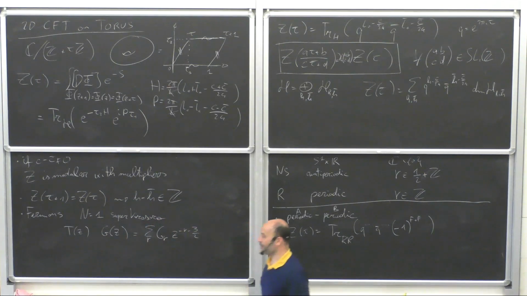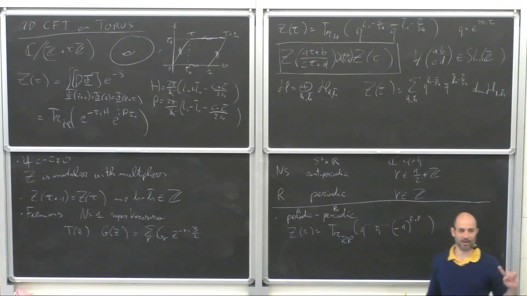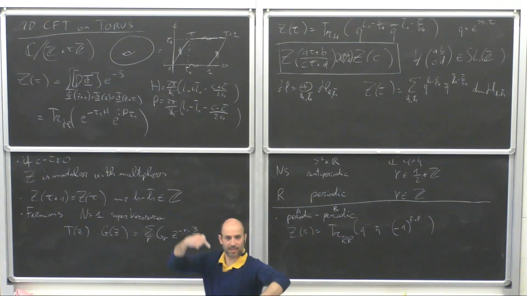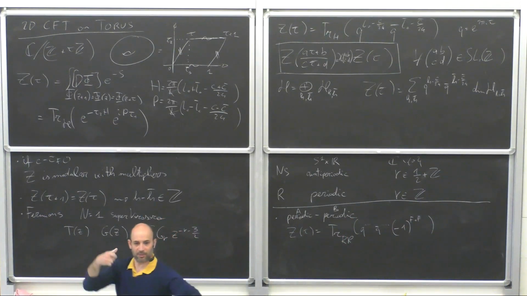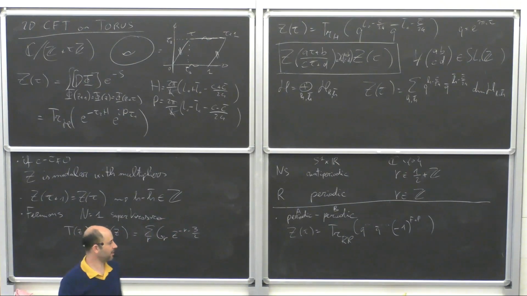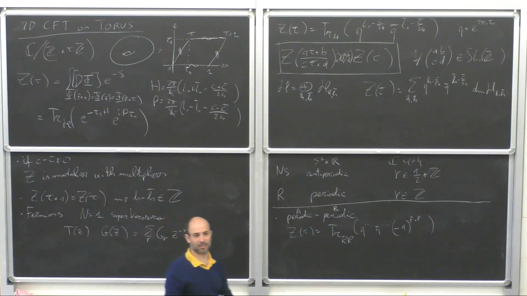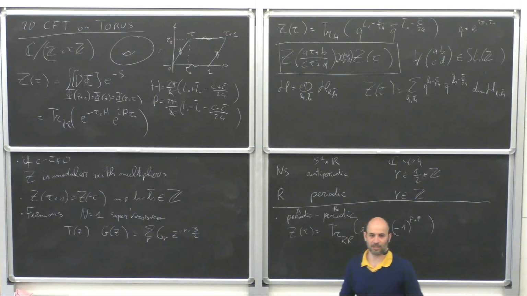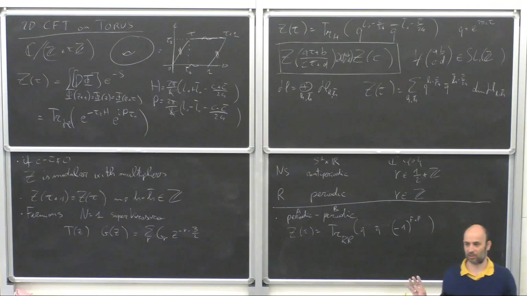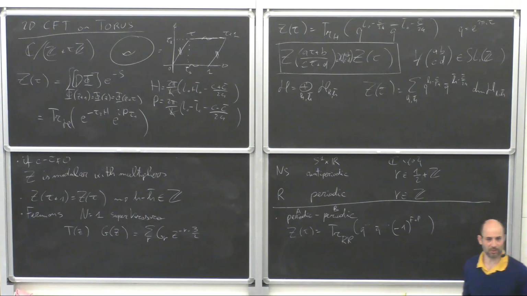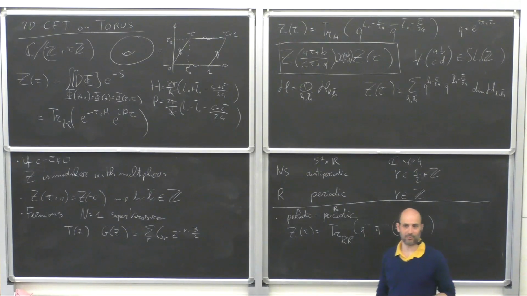Then you do not expect SL(2,Z) invariance, because the SL(2,Z) transformation mixes the cycles, so it changes the periodicity conditions. So you expect the other partition functions to be invariant only under a subgroup of SL(2,Z) that keeps your periodicity conditions fixed. Otherwise, it mixes the different periodicity conditions. So this is what happens with the fermions.